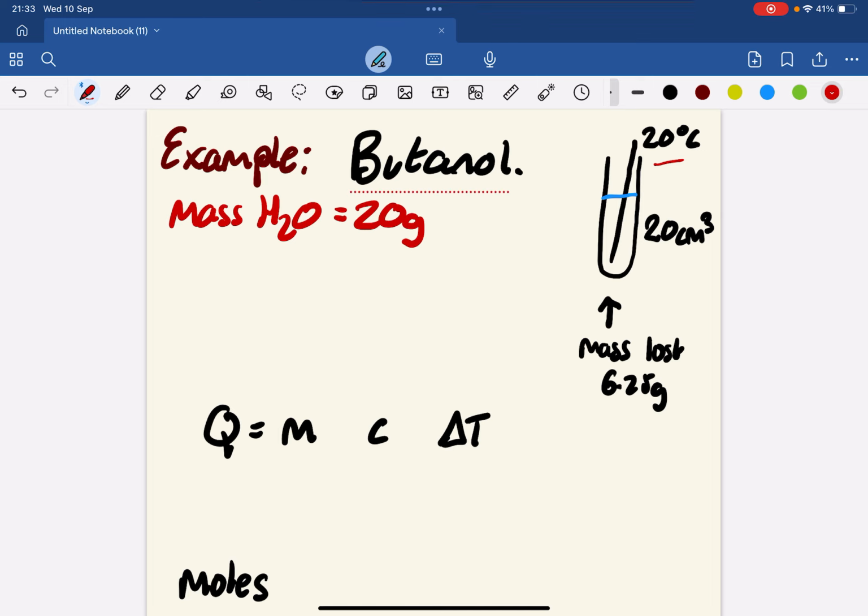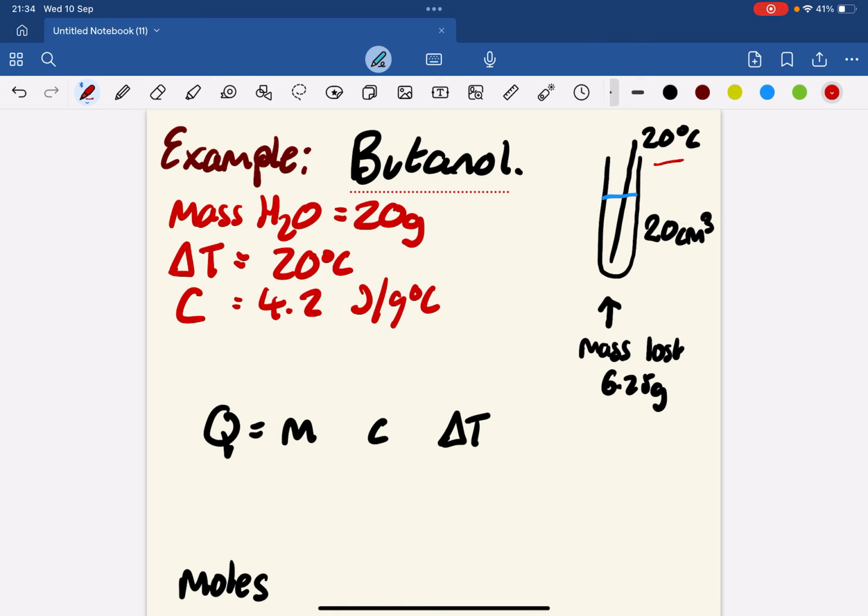We also need to know the temperature change as part of our equation a bit later on. That's going to be 20 degrees, because that's how long the spirit burner was on for. And we need to know the heat capacity of the water, and that's 4.2 joules per gram degrees Celsius.